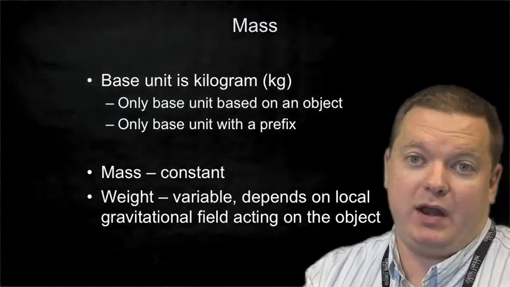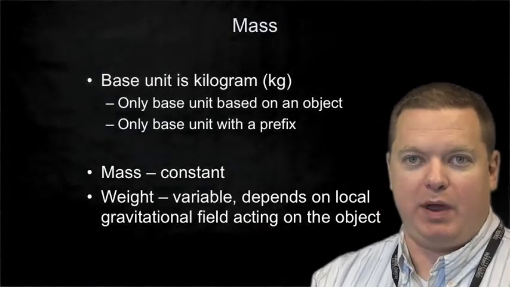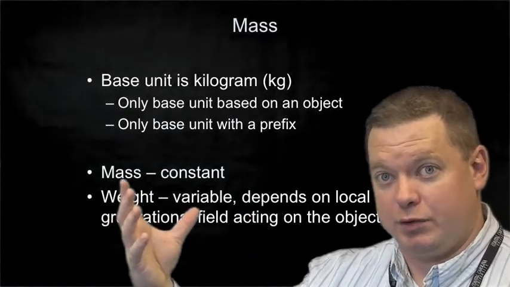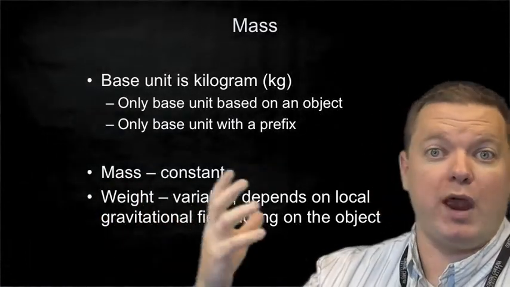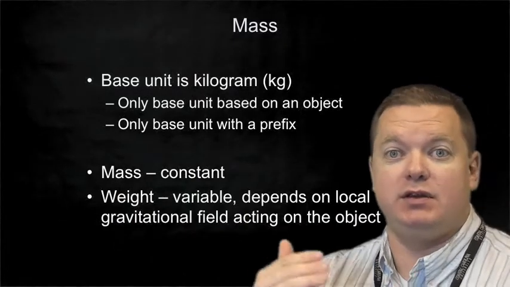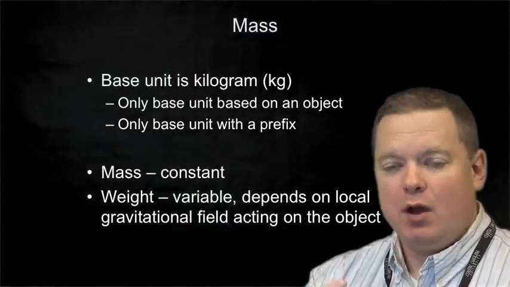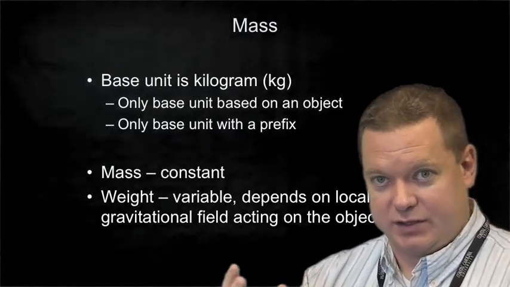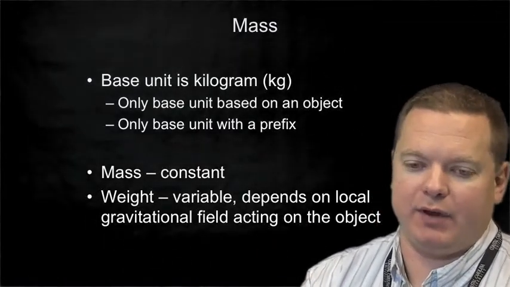Weight is a variable depending on the local gravitational force on the object. So if we go to the moon, the mass of an object would be the same, but its weight would be vastly different because of the difference in gravitational pull. So we're going to typically use the term mass because it is the constant one. It's not dependent on gravity.